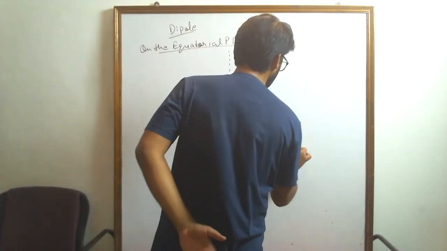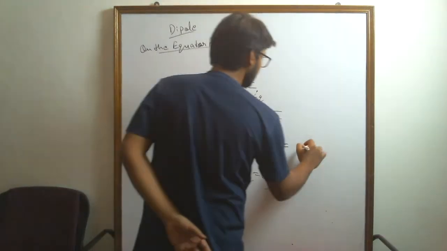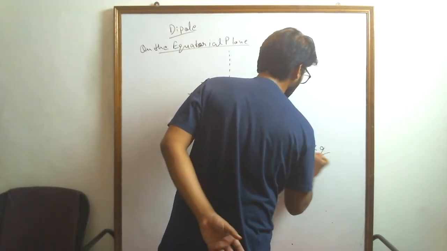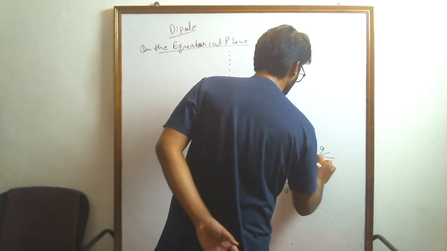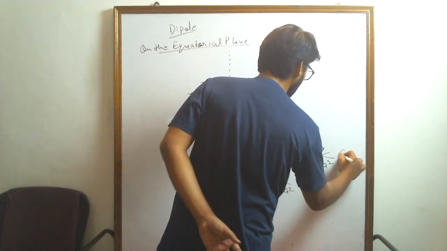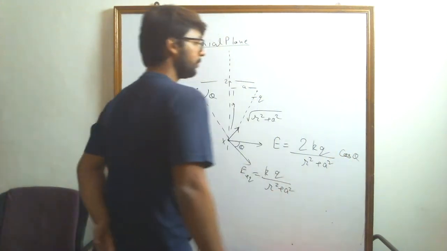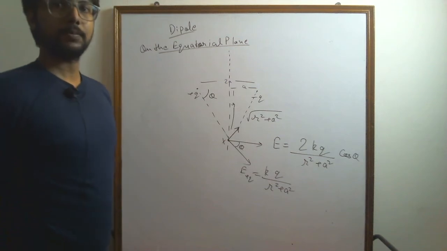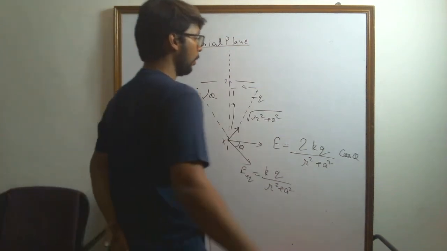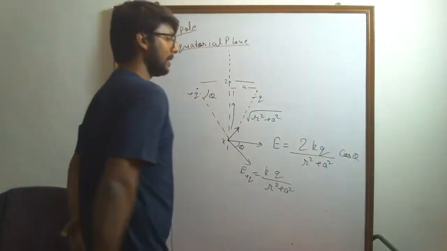So E total over here is 2KQ upon R square plus A square, times cos theta. So this is how we figure both of these things out.